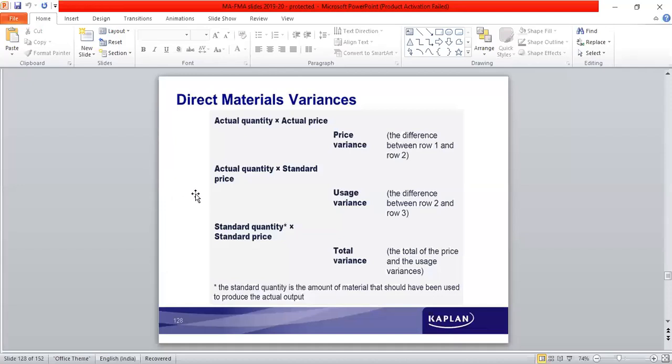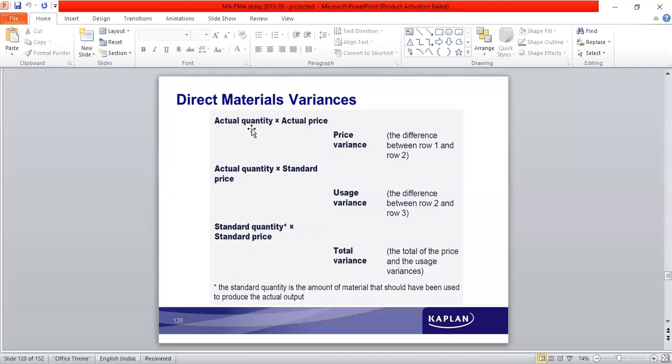So here it talks about the direct material variances. The total variance is divided into price variance and usage variance. Total variance is the standard cost of material minus the actual cost of material.